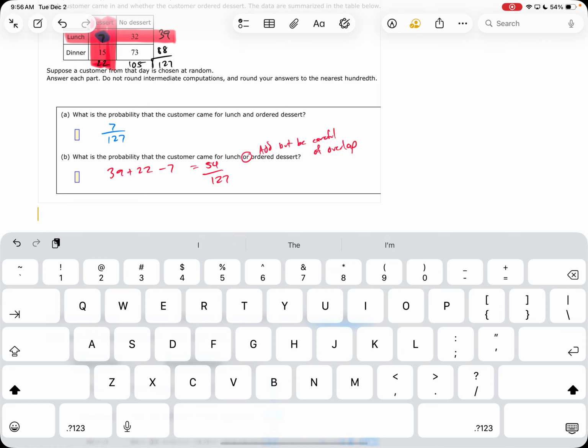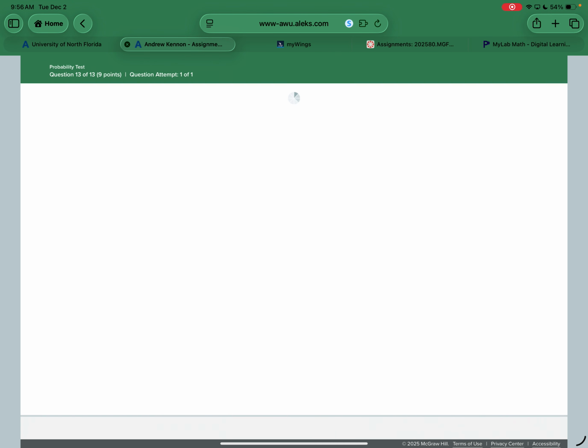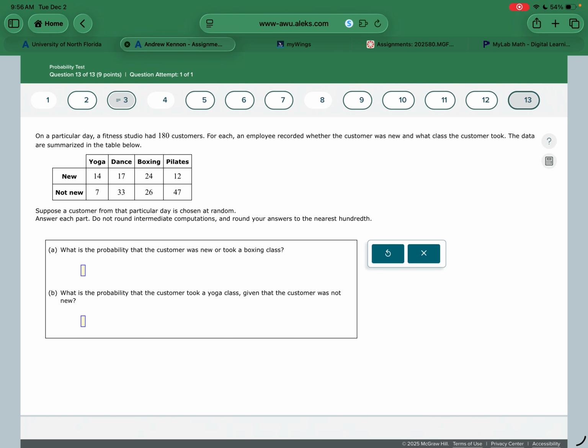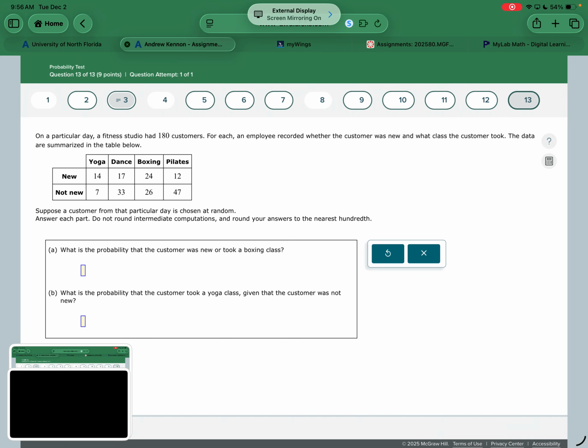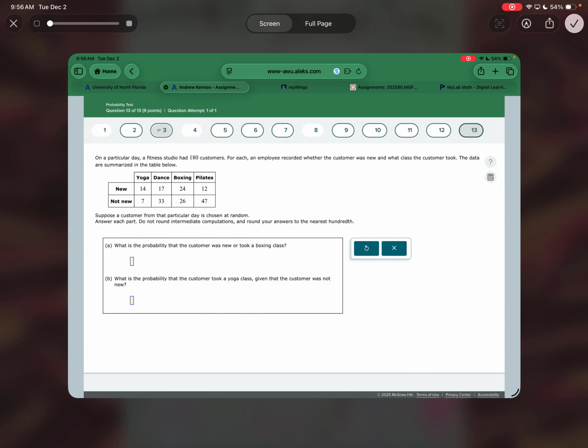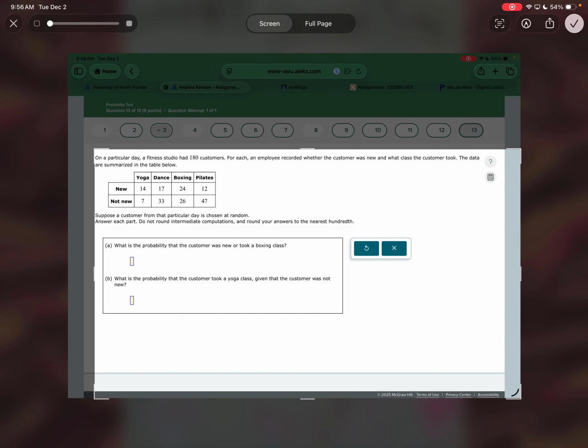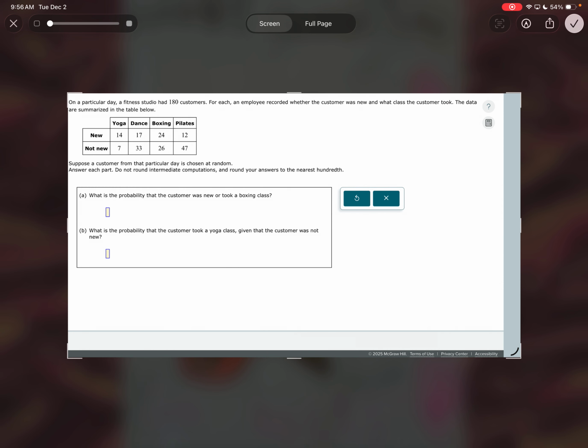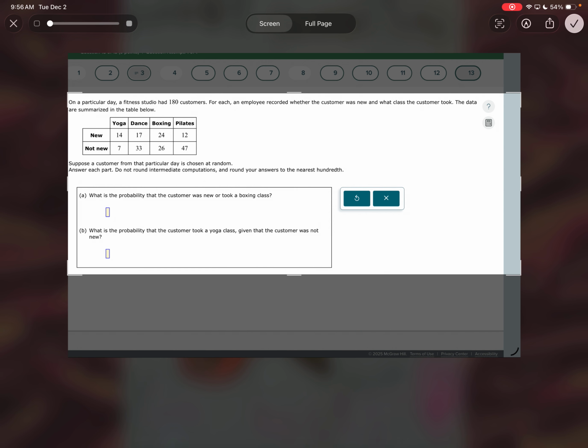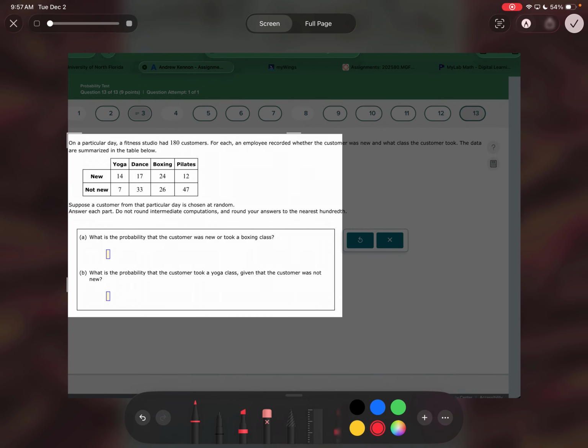And the last one, I believe, is another two-way table. So we got whether they were new customers and what they were doing at the gym here.